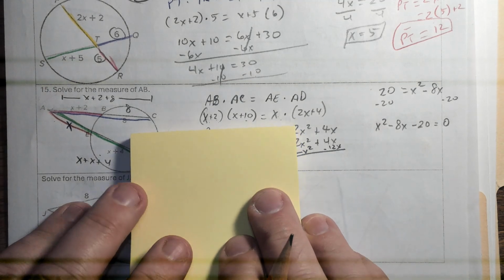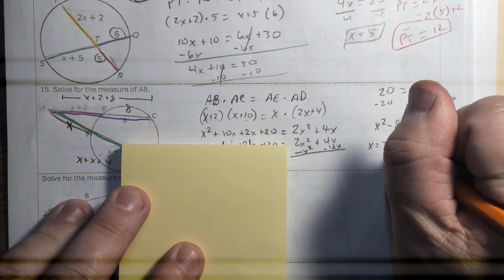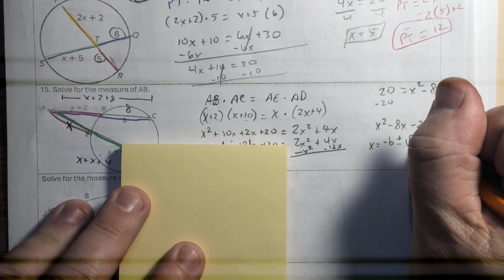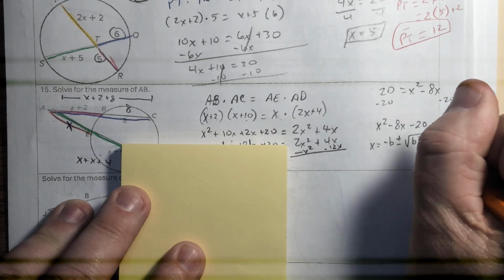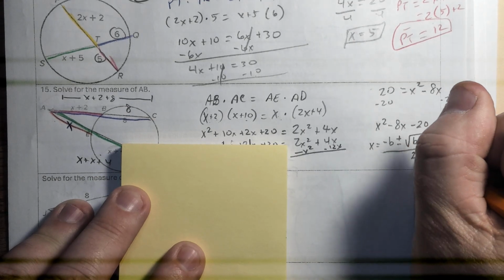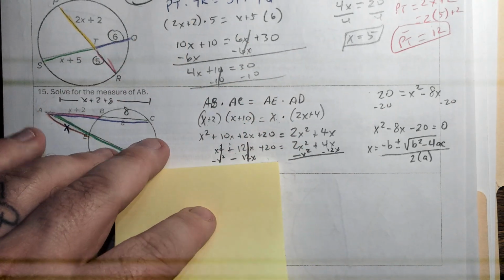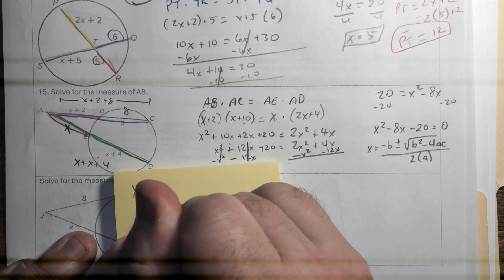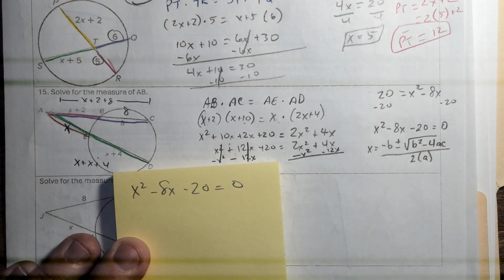So again, it is x equals negative b plus or minus the square root of b squared minus 4 times a times c, all of that divided by 2 times a. So here's our thing. It's x squared minus 8x minus 20 equals 0.